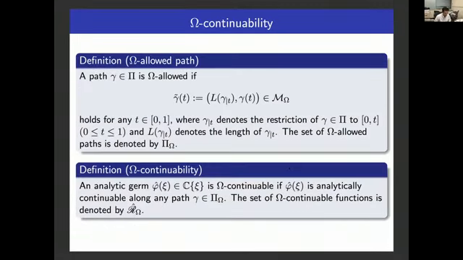And now we define Ω-continuability of the function.